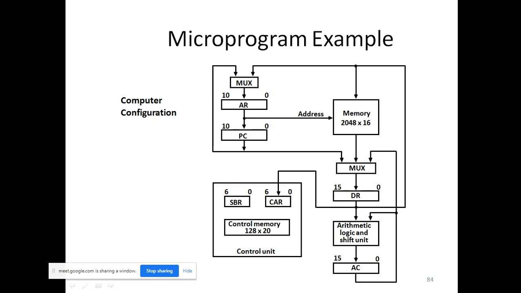Can anyone tell me what is the 2048 into x? What is the 16? 16 is the data bits, the 16-bit memory word. 2048 is the memory size. So how can we convert this into the size of the address? How do we get the address?